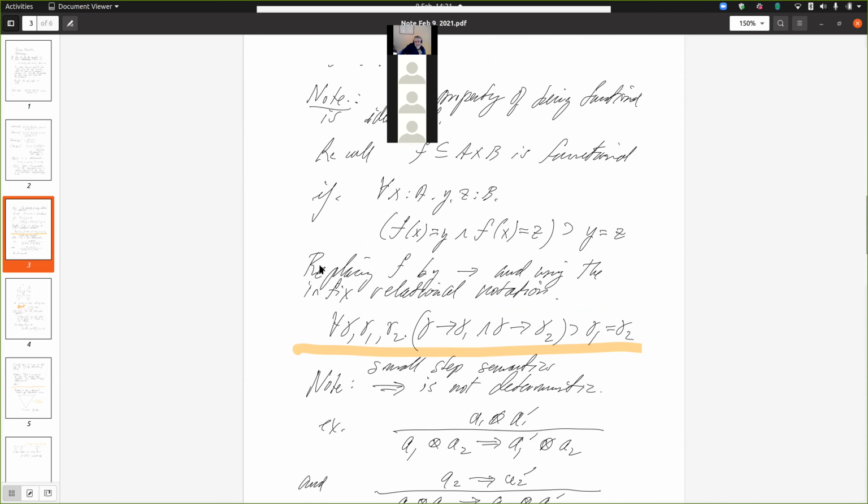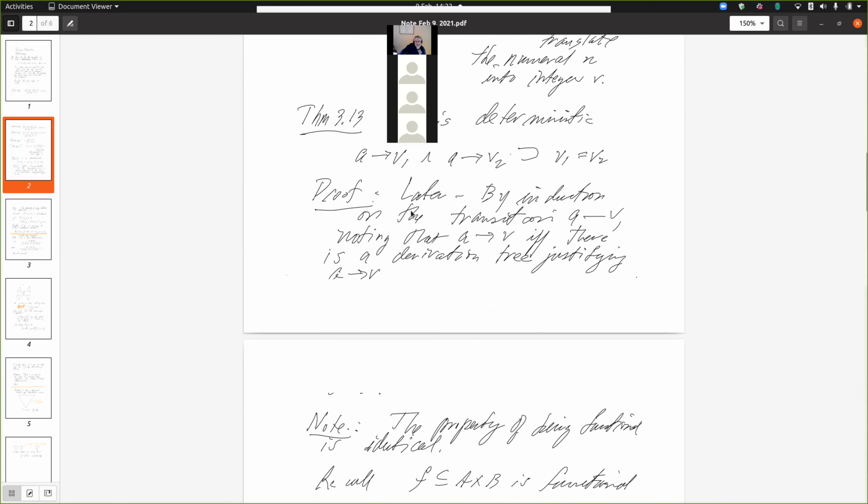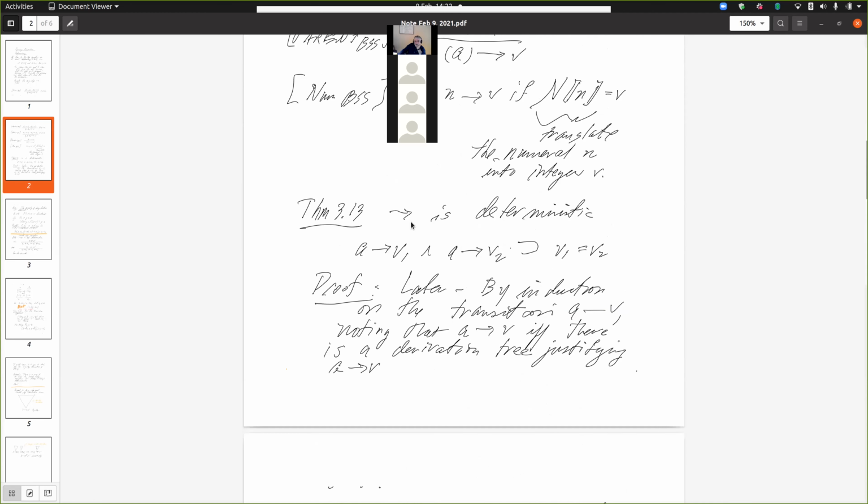So proving that arrow is deterministic is equivalent to proving that this defines a partial function.